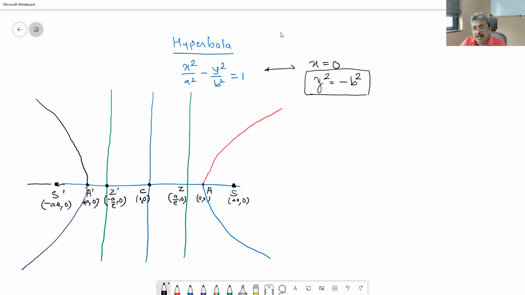But suppose we ignore this minus sign, then y square is equal to b square, and as I said, this b can be smaller or greater than small a. So let us assume that this distance is a, and our b is somewhere here, a numerical value, but it is not actually visible.